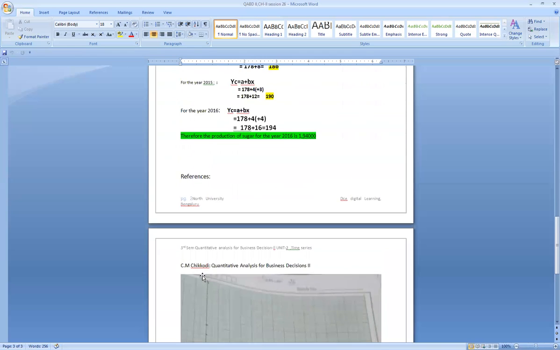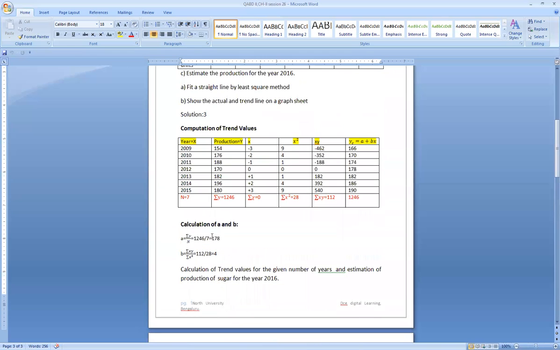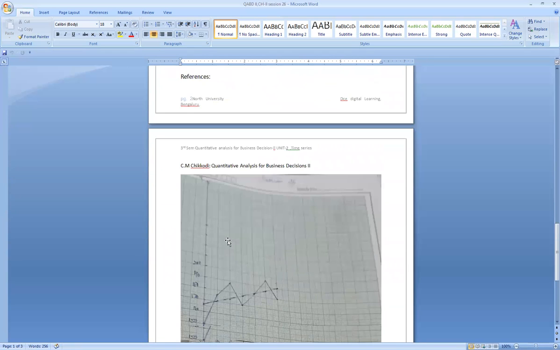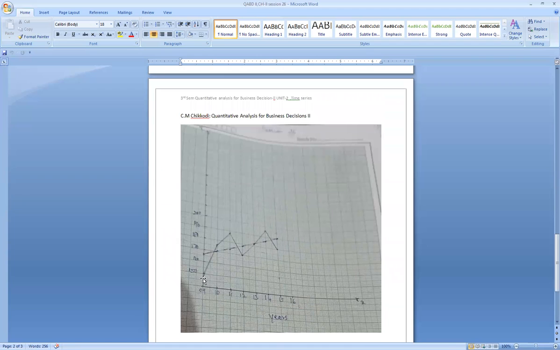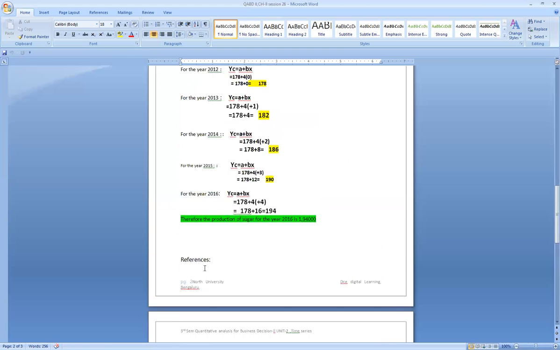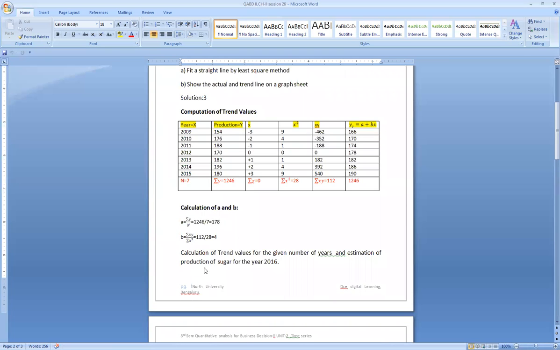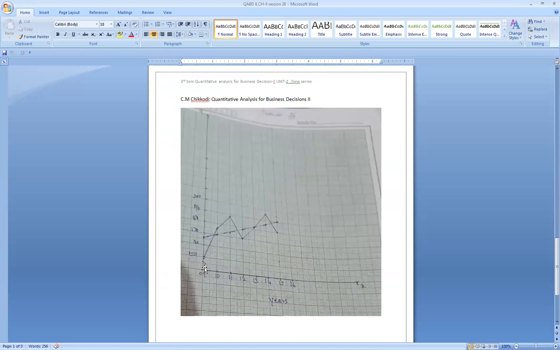So for 2009, the actual value of y is 154. For 2010 it is 176.